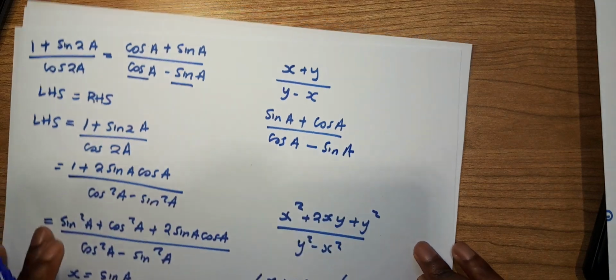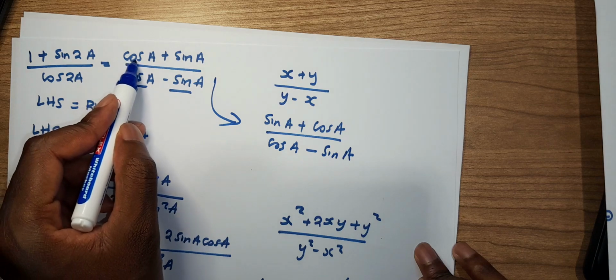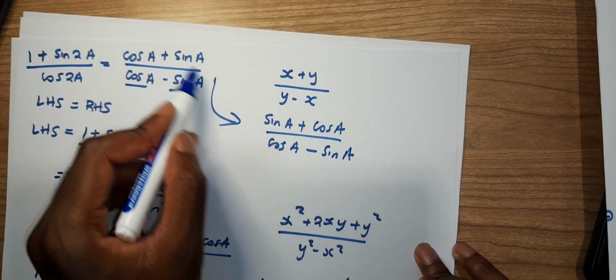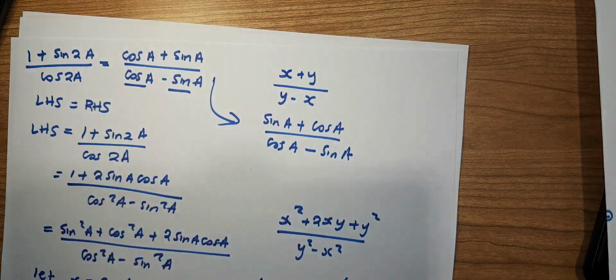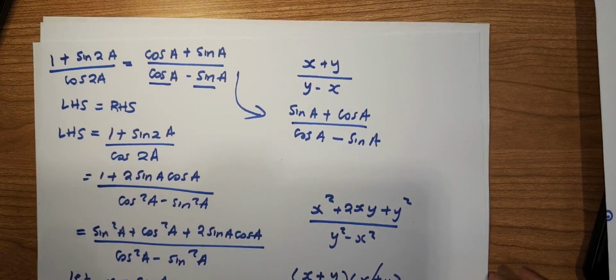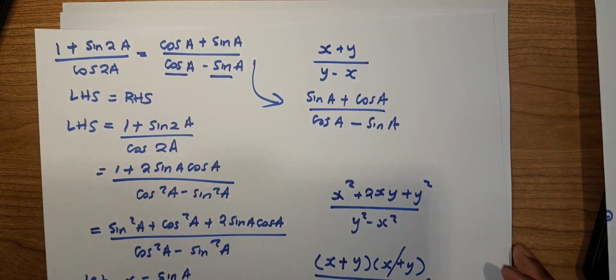So you realize that you have actually proven that these things are the same. You can swap the order if you want, but the point is, you have proven the identity that the left hand side equals the right hand side, right?